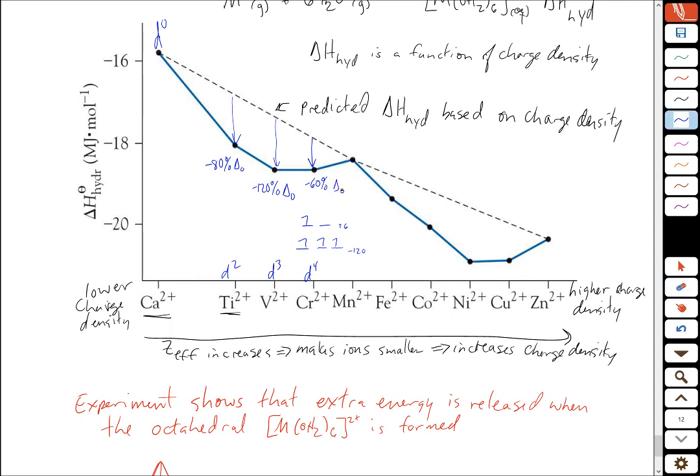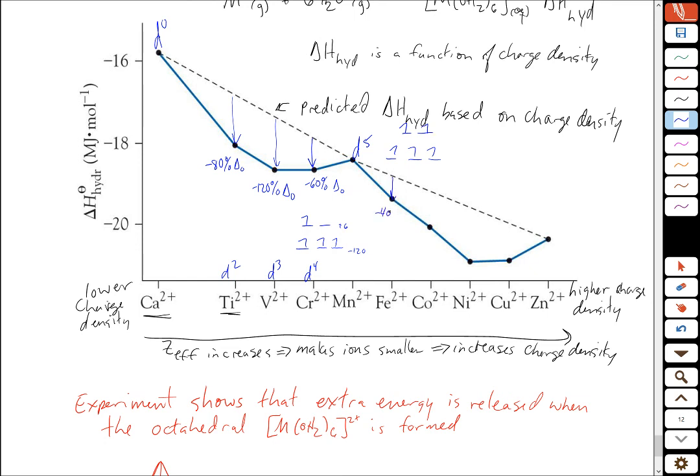And then we get to manganese, which is d5. d5 has no net stability because in a weak field, high spin d5, those electron energies cancel each other out. And so now for manganese 2, our experiment matches our predicted. And then we go back to iron.